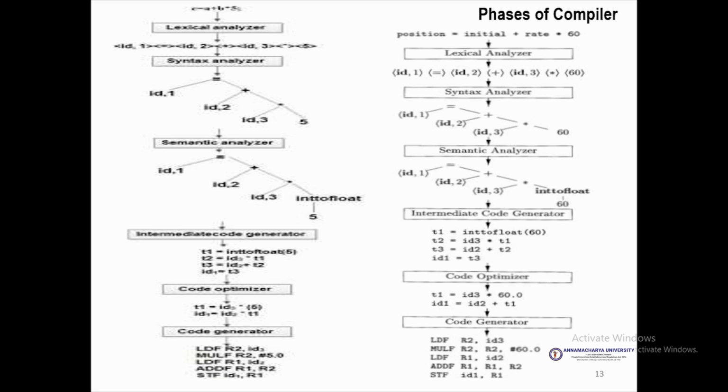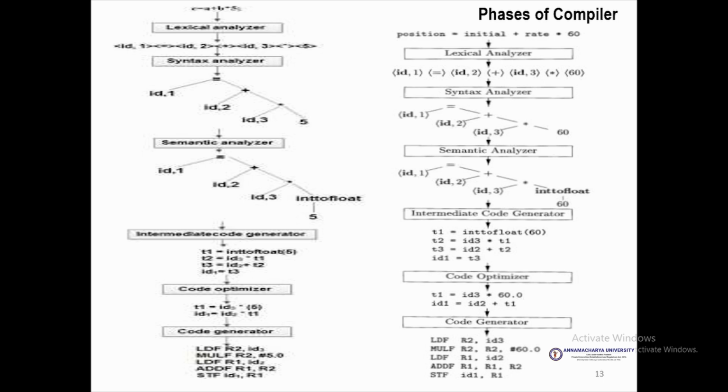It is considered assembly language code: LDF refers to load, MULF refers to the multiplication operation, ADDF refers to the addition of floating point numbers, and STF refers to the store operation.